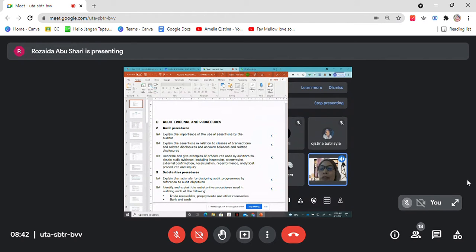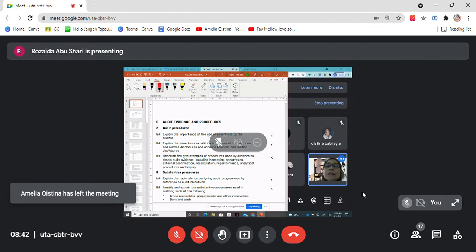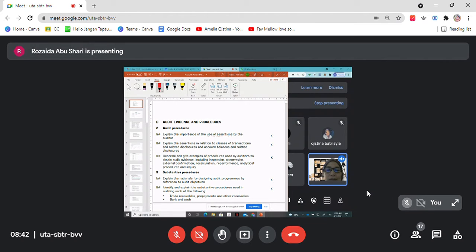Okay, today we are going to look at the same thing. First, you have to know why the audit of account receivables is important. It relates to the use of the assertion: the completeness, correct valuation, the existence of the account receivable.